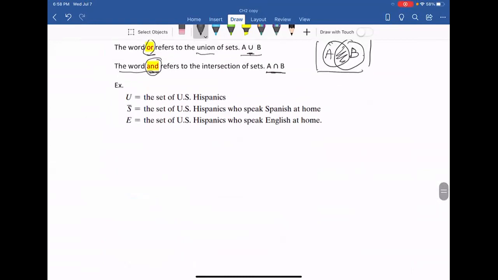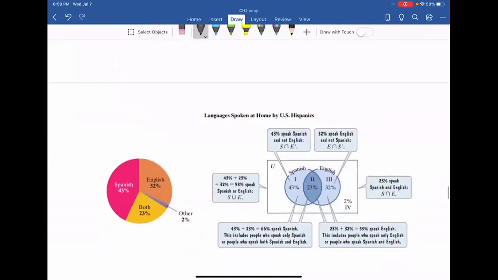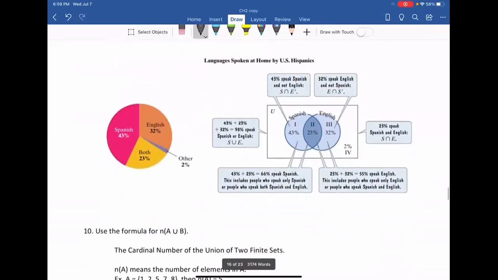Okay, let's see the example. U is the set of U.S. Hispanics. S represents the set of U.S. Hispanics who speak Spanish at home. E is the set of U.S. Hispanics who speak English at home. So S speaks Spanish, E speaks English. They are all Hispanic, they are all subsets of Hispanics. Here is the pie chart.